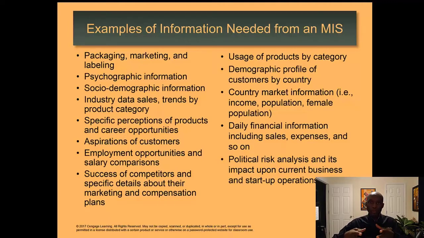Now here you're talking about where people are situated, population density, industry data sales, specific perception of products, a whole wide range of information that you would need to collect normally. Now we're doing a stripped down version of a much more comprehensive model, and that's just to give you a taste of how this research would go.